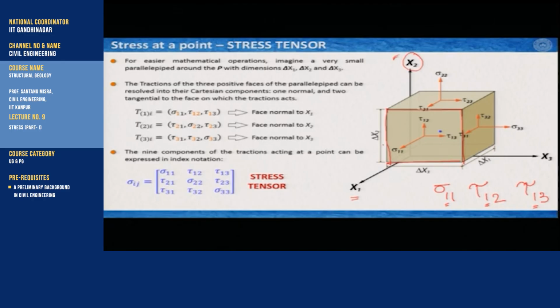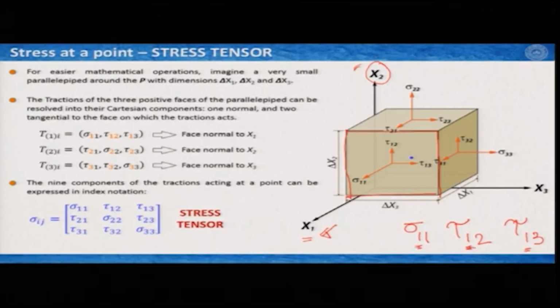In this case this plane is perpendicular to x1, so in all cases the first index is 1. That means these sigma, this tau and this tau are stresses working on a plane which is perpendicular to the x1 direction. The second index, 1, 2 and 3, is the direction along which the stress is working.